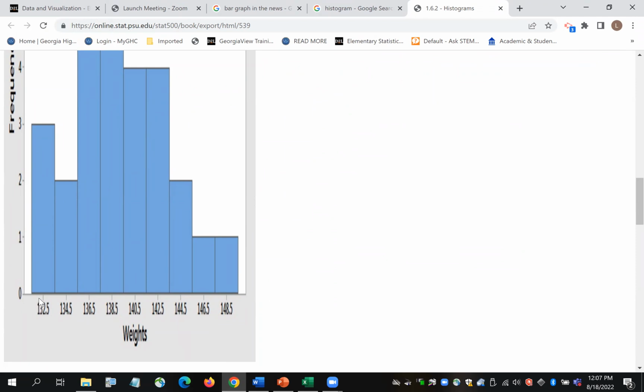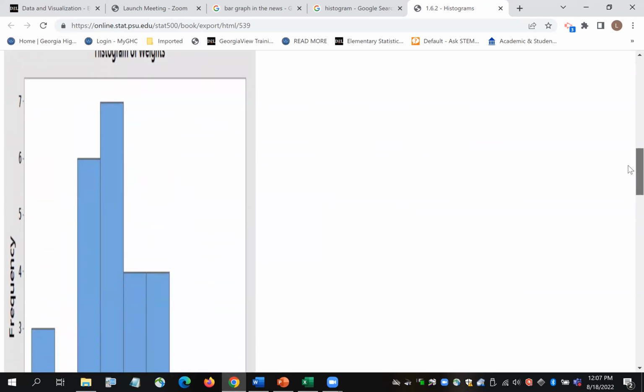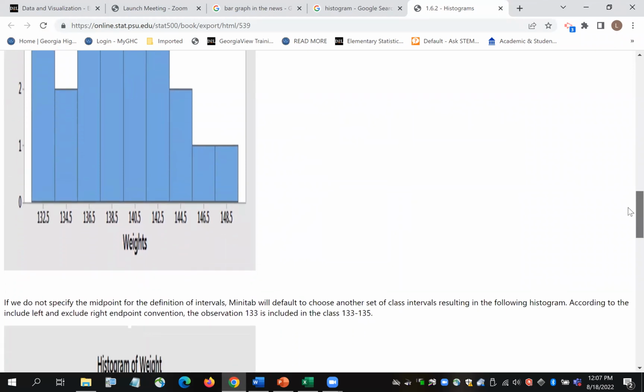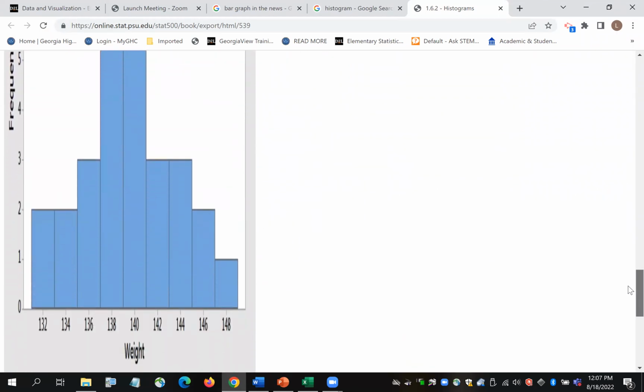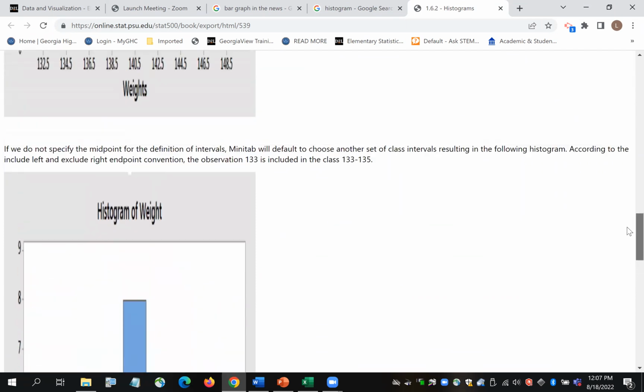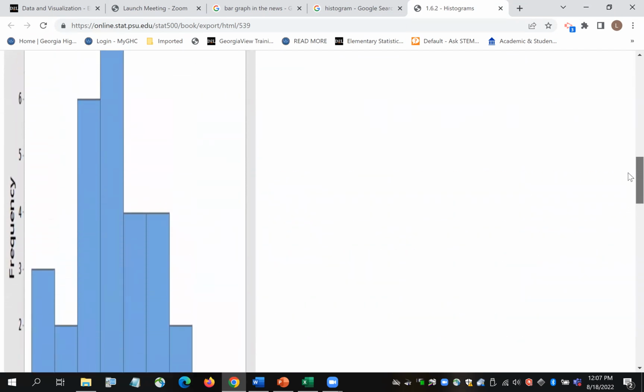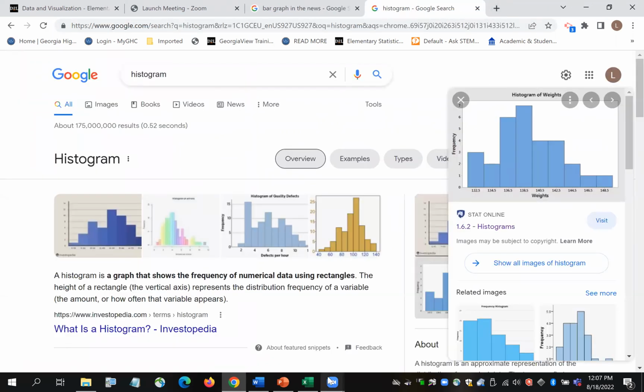And notice how that little tick mark looks like it's in the middle of the bar. That's kind of my clue that they're using the midpoint. And then you have the frequency on the vertical. That one's kind of weird. It got distorted on my screen. Maybe that, here it is a little bit better. Okay, so that's a histogram. Again, the key thing there is there's no gaps between the bars.